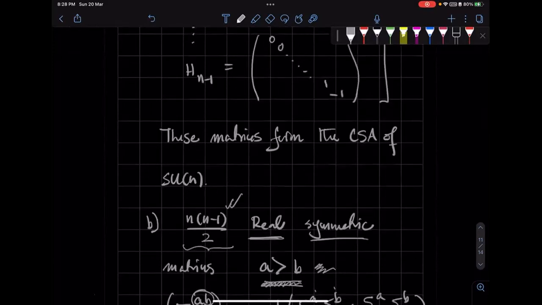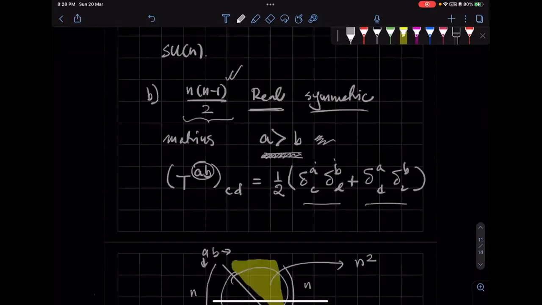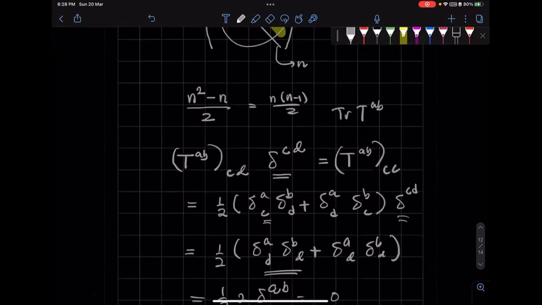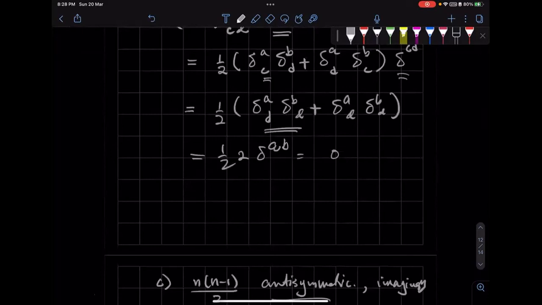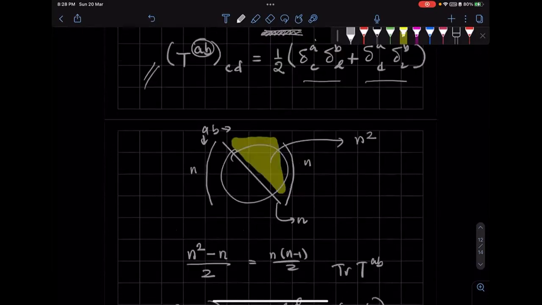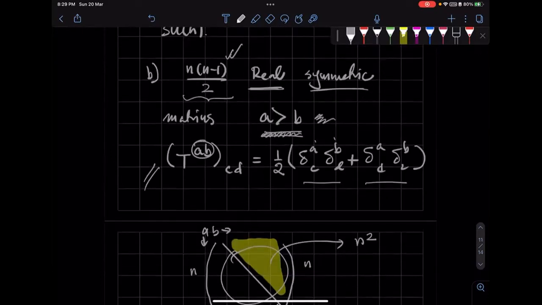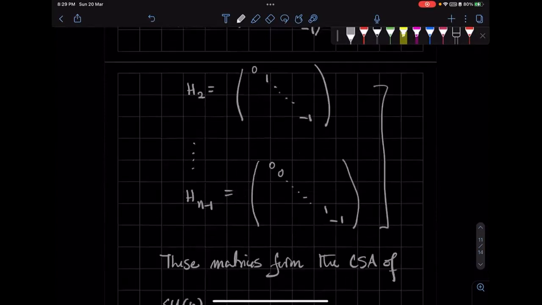But none of them will commute with any of these guys. So the T's are the non-Cartan subalgebra elements, and the H's are the Cartan subalgebra elements. Okay? Oh, okay, sir.